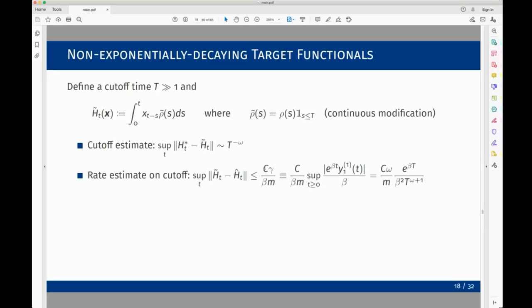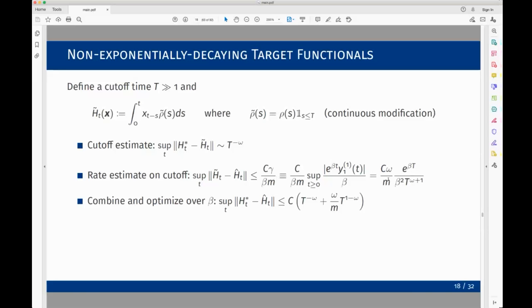For the approximation between 0 and capital T, we can apply our previously obtained result, which is C times gamma to the power over beta times m, and gamma is obtained this way. This is our definition. Because we are introducing a cutoff, it is of course exponential decay for arbitrary beta, as long as the time is large enough. So we can optimize over different beta.